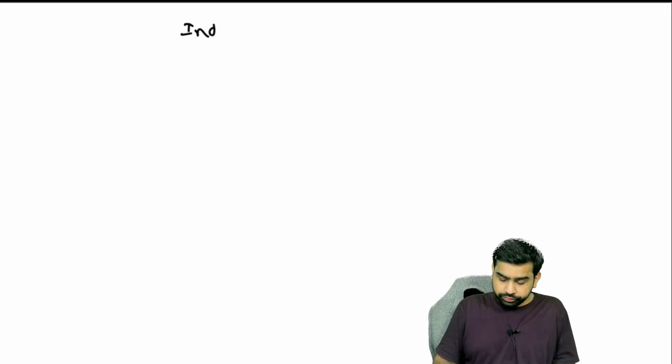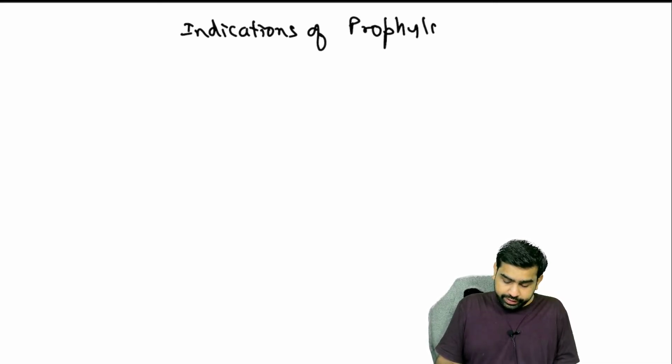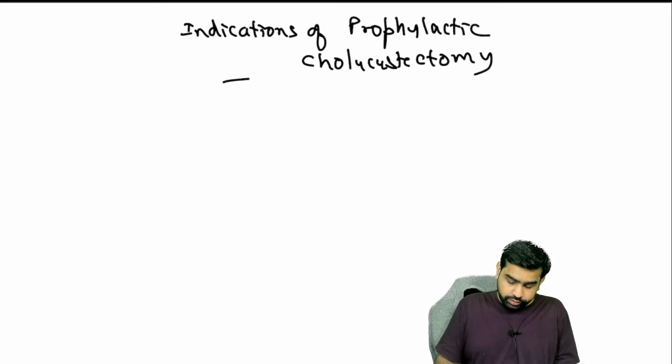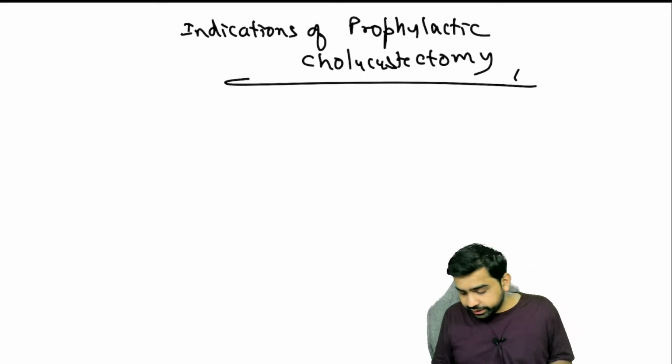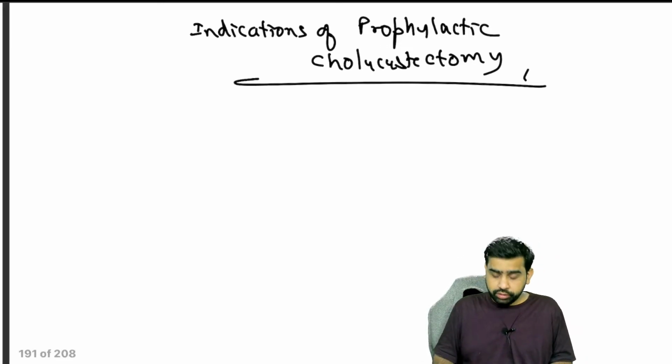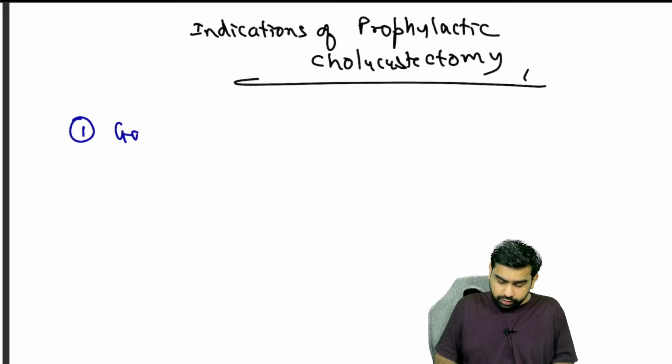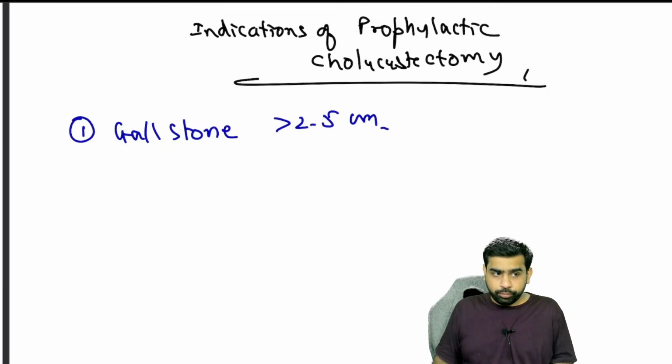So if I ask you, what are the indications of prophylactic cholecystectomy, guys? What you need to understand over here. If you have a gallstone which is more than 2.5 centimeters, very, very important.